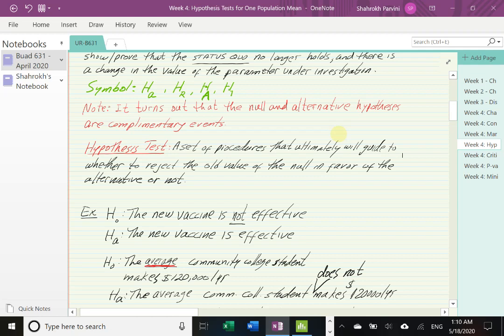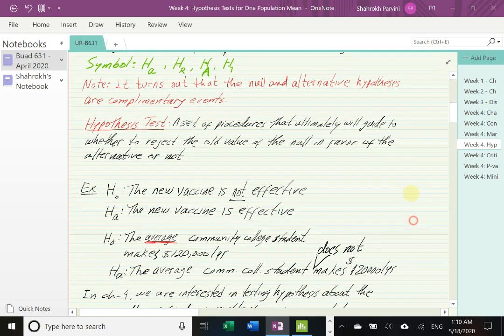The other example I have is that the average community college student makes $120,000 a year. And the research here, the alternative, I can state as: the average student does not make $120,000 a year. And they become exact complements.